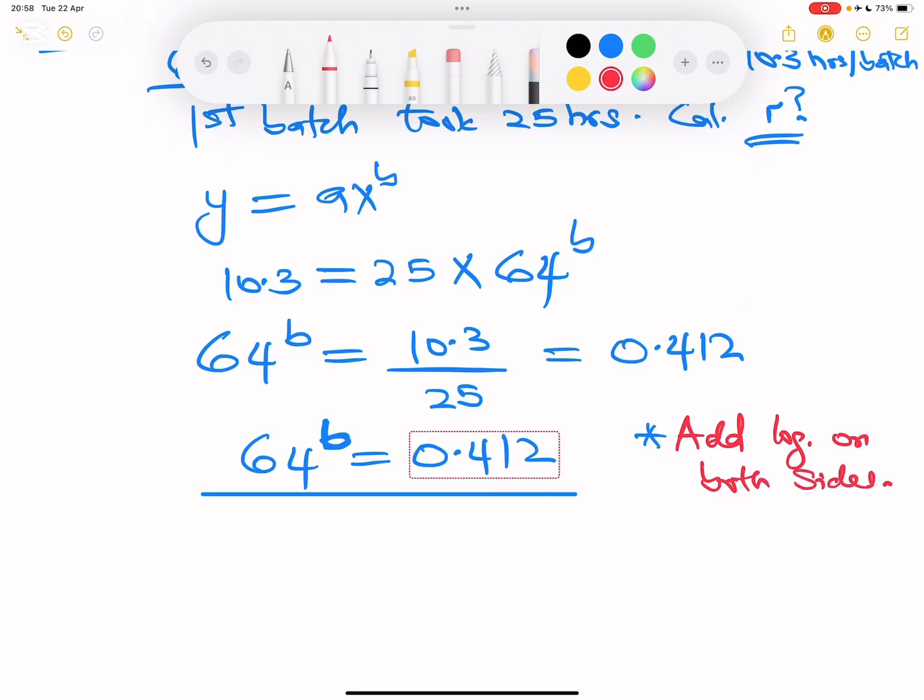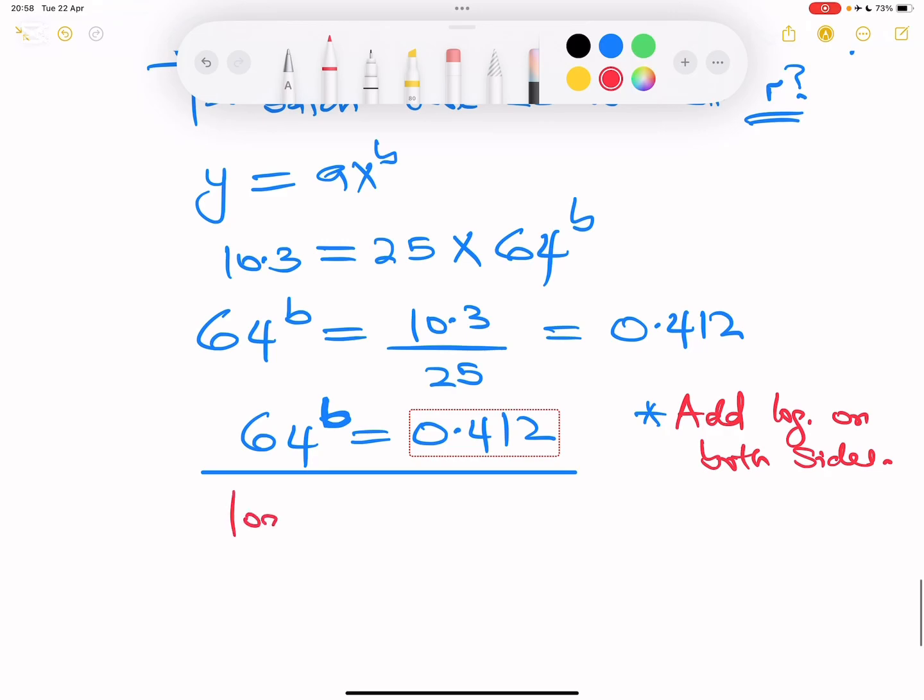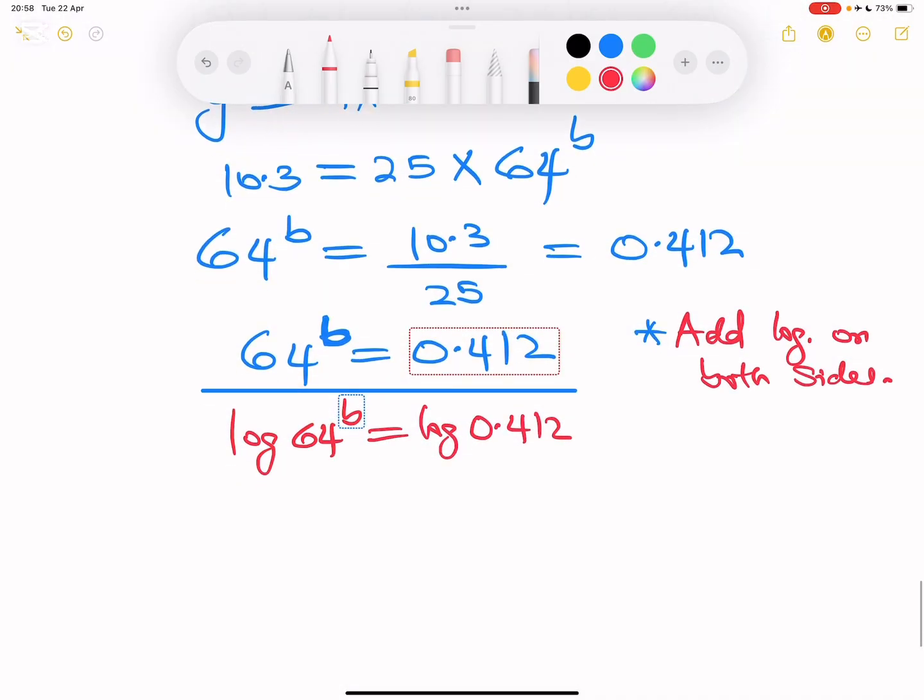Once you add log on both sides, what you have now is log 64 raised to power B equals log 0.412. And anything that is raised to a power in log, you can bring to the front of the log. That is the rule in mathematics. By the time you practice it a couple of times, you get used to it.